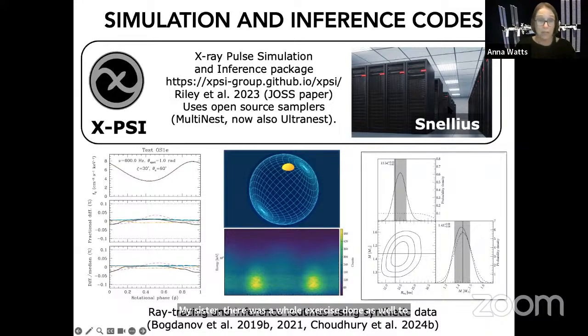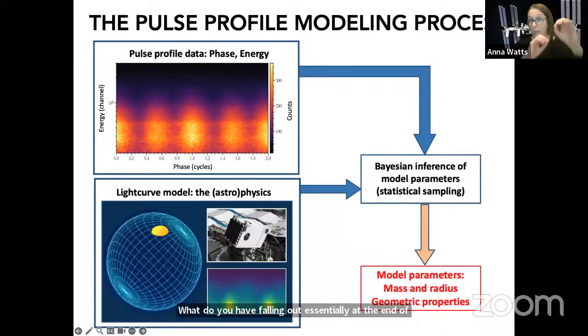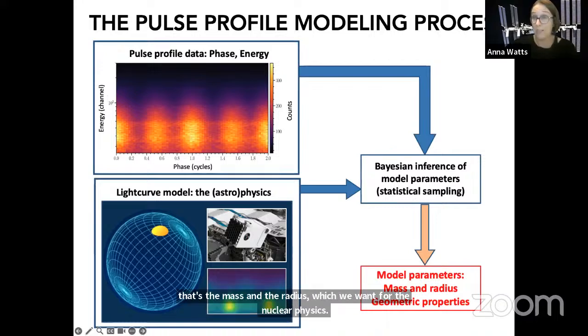What do you have falling out at the end of the process? Well, as a result of this, we have our data, we have our simulation model, large-scale statistical sampling, and at the end of it, we have posterior distributions on all of our model parameters. So that's the mass and the radius, which we want for the nuclear physics, and also the geometric properties as well.